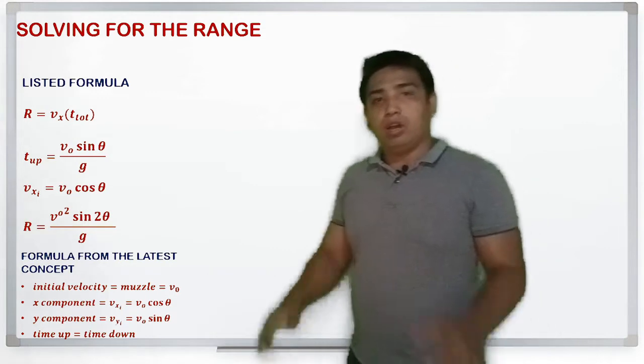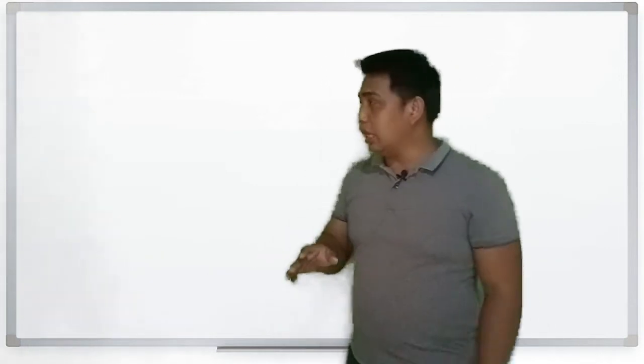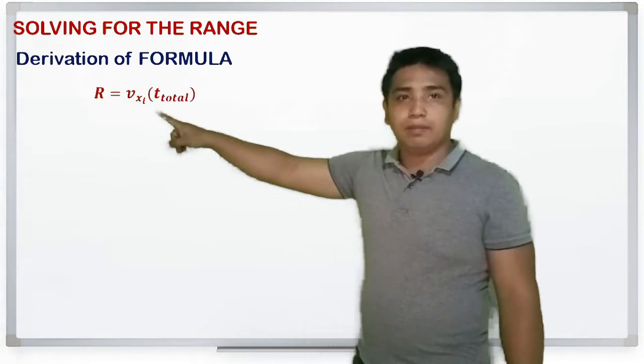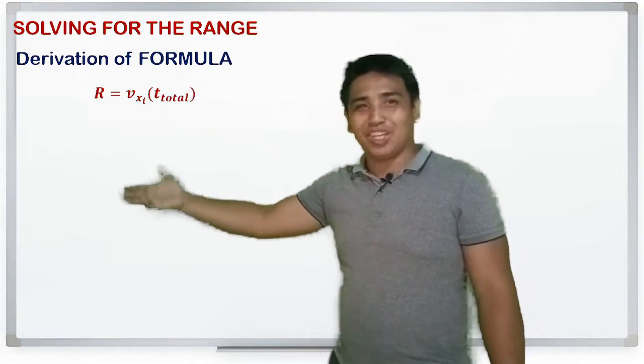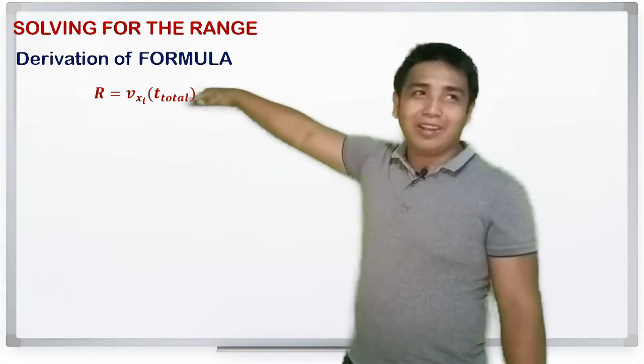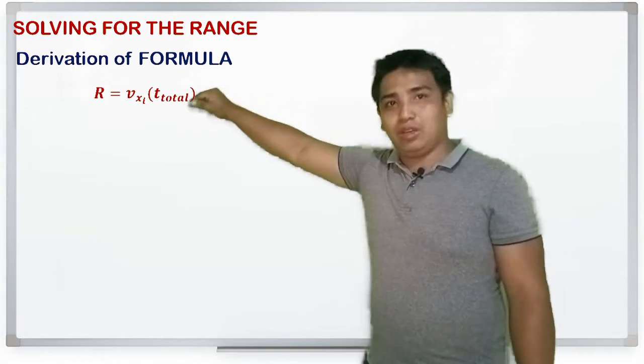Here is where I get the permit so that I can modify our equation. Alright, so we start our derivation using r is equivalent to vx times t total, the total time. And then put it right here, and then substitute one by one.